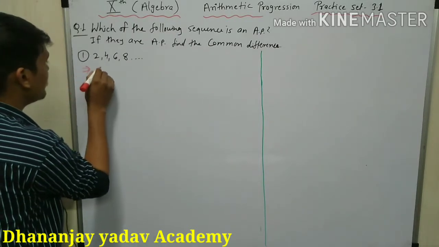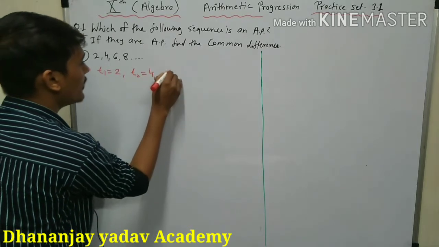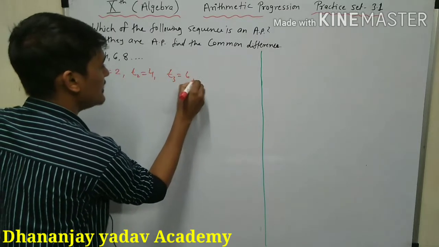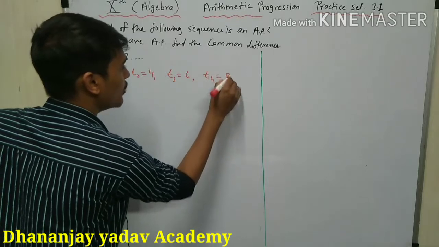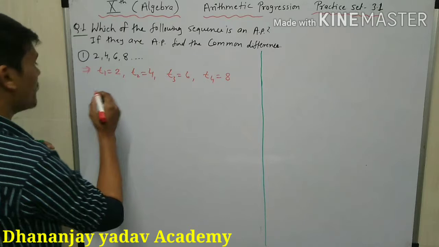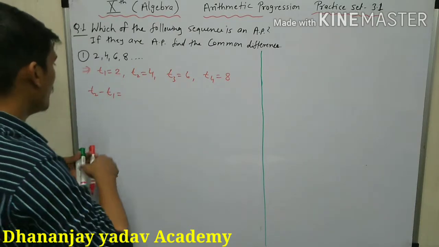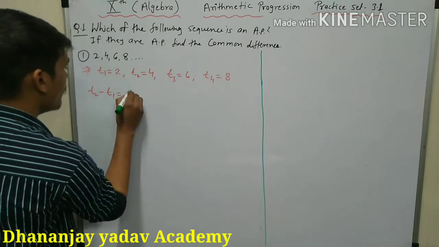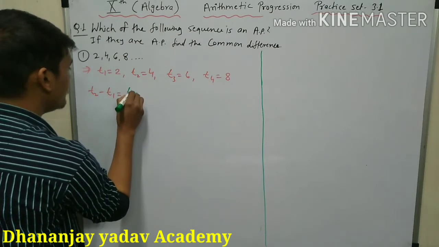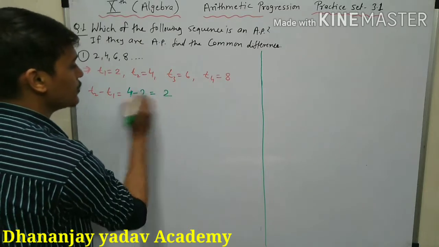Write down here, T1 is equal to 2, T2 is equal to 4, T3 is equal to 6, and T4 is equal to 8. Understood? Now find the common difference. T2 minus T1 is equal to 4 minus 2, which is 2.